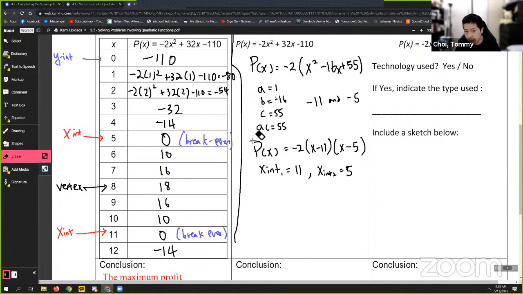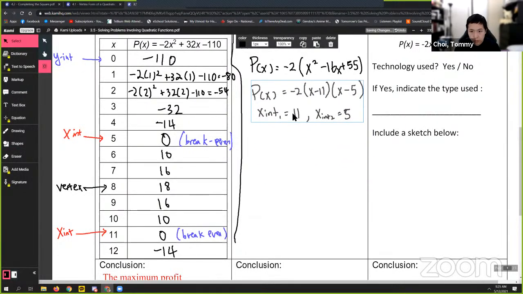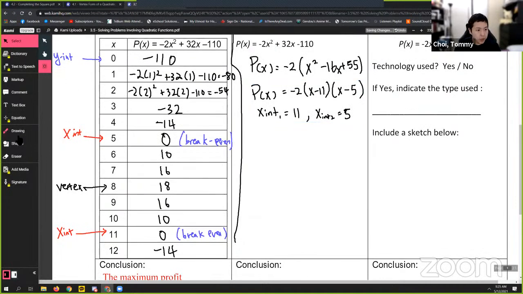So we already know what the vertex should be from method 1, 8 and 18. So let's verify that we get the same one. So if I erase this section right up here, I'm just going to shift it up a little bit. There we go. So once we have that there, we can then continue on.